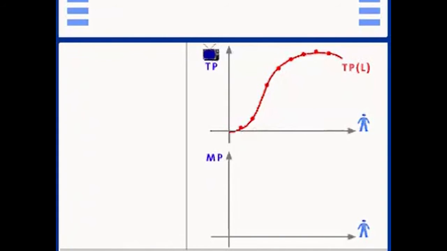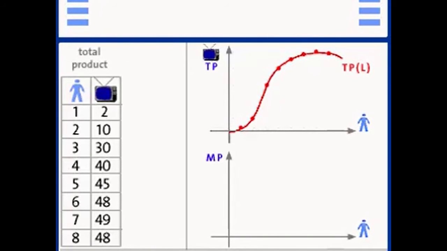In the graph below, we're going to now represent marginal product, and I've shown you those numbers. I calculated them before. It's the change in output that results from a change in the variable input, and these are my marginal product numbers. They're also next door as well.